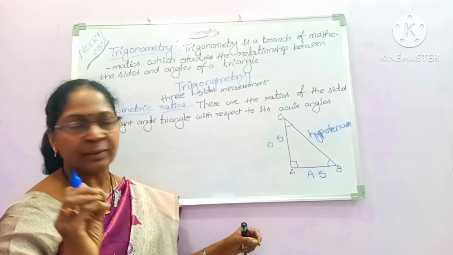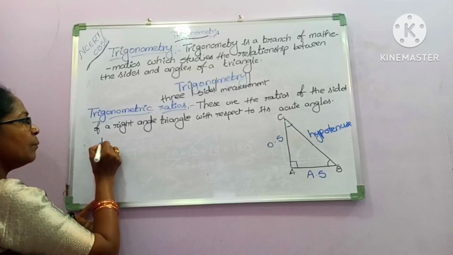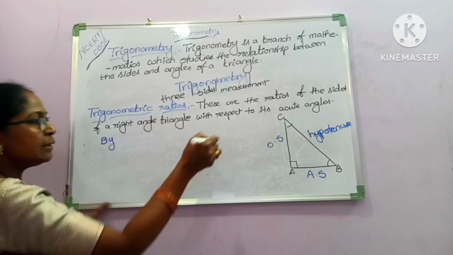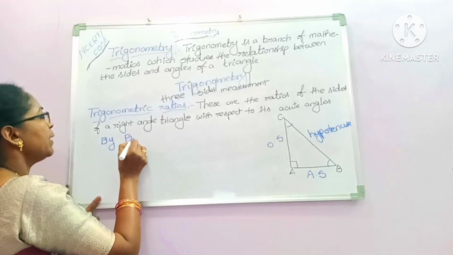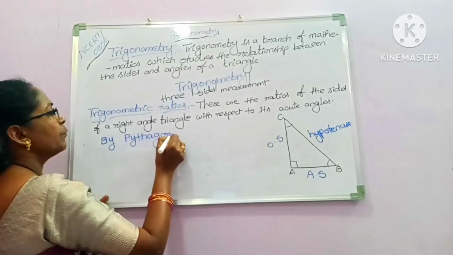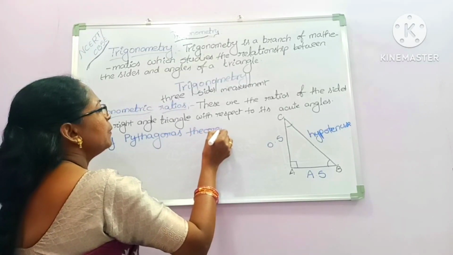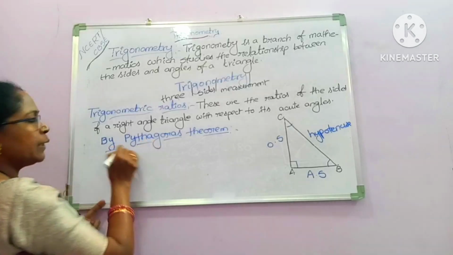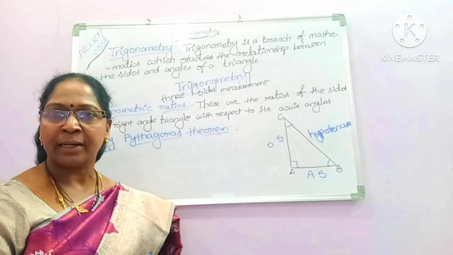We have one theorem for this right angle triangle, the Pythagoras theorem. What is the Pythagoras theorem? This theorem depends entirely on the sides of a right angle triangle only.